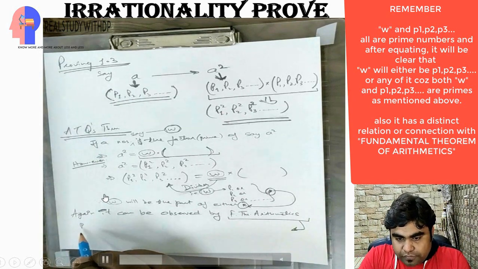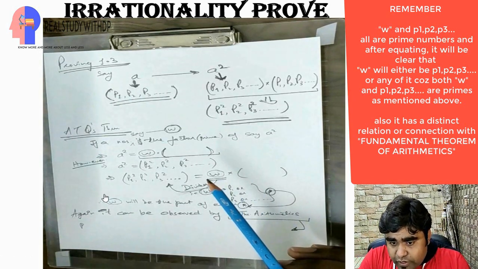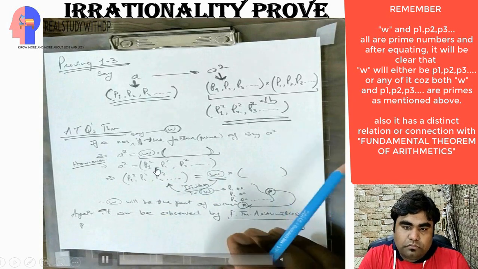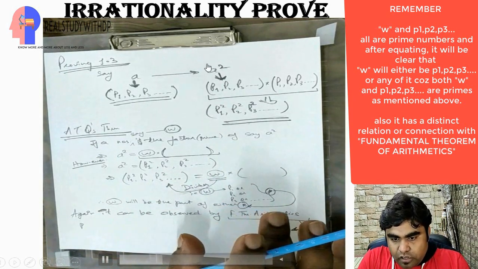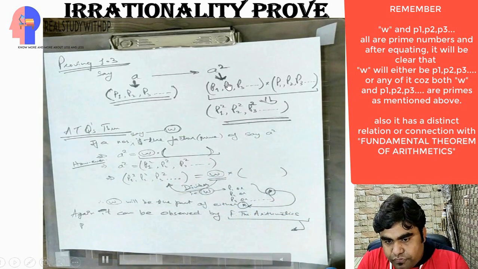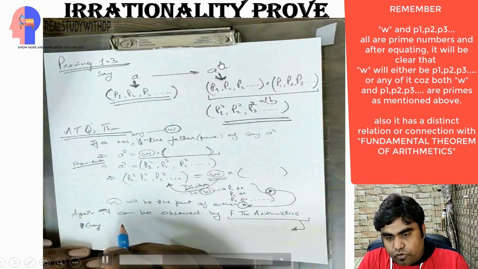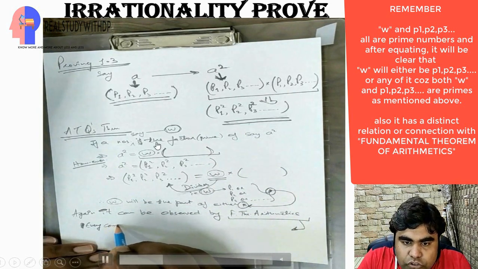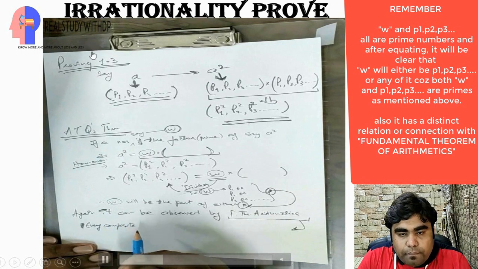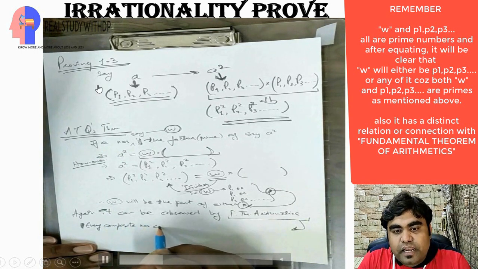Okay, so if w is going to be one of p1, p2, p3 or any one of them, then w will also divide a, because a has the value of p1, p2, p3.